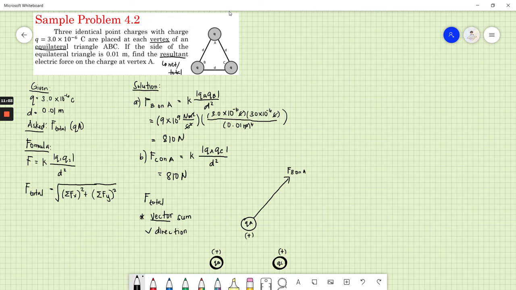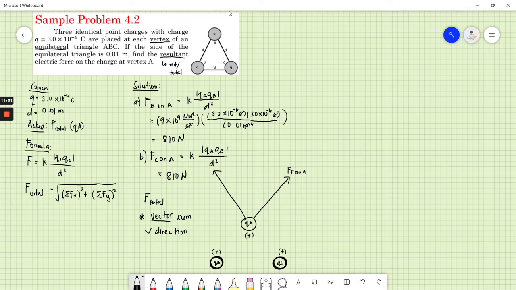Now let's look at the force that QC exerts on QA. Since this is our QC right here, our QC is also positive, the same sign as our A. What that means is that QC is also pushing away QA.